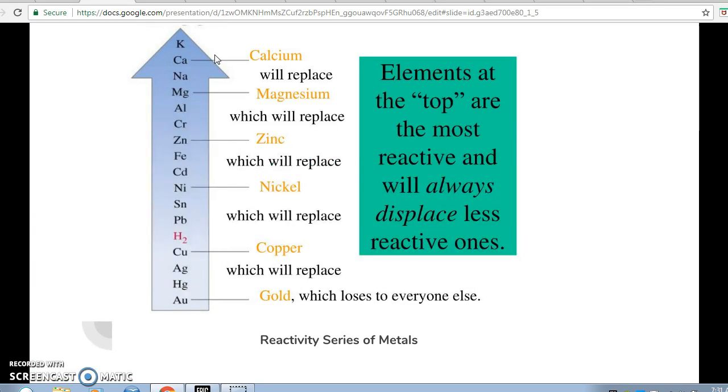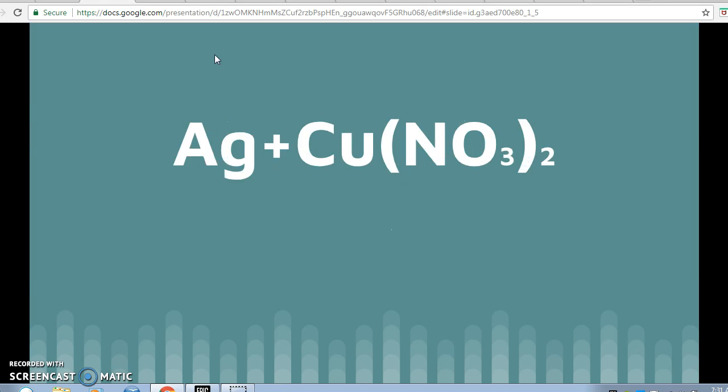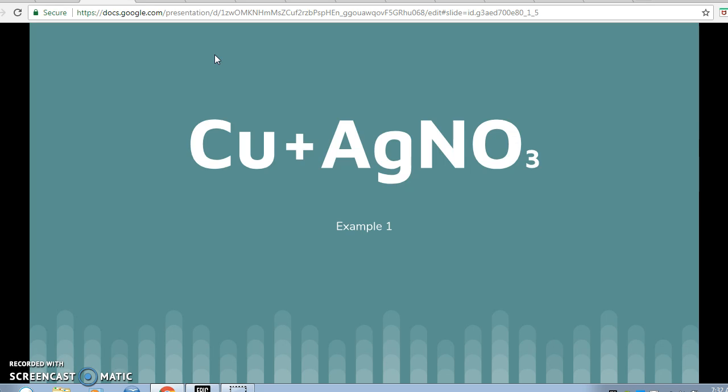We have that right below copper, so that we can see that silver is less reactive or attractive than copper, which means a chemical compound, silver nitrate, will switch to copper nitrate. So this will be your new equation, which will be silver plus copper nitrate, because copper is more attractive than silver.